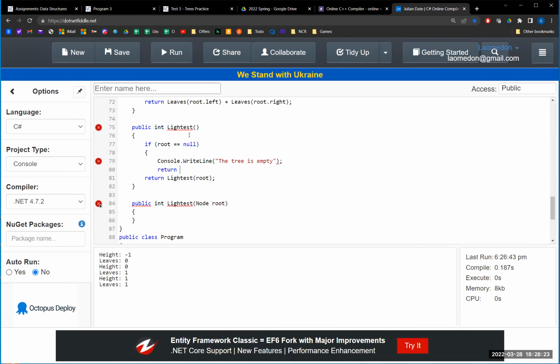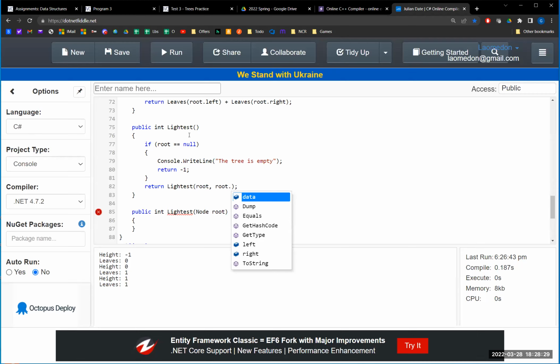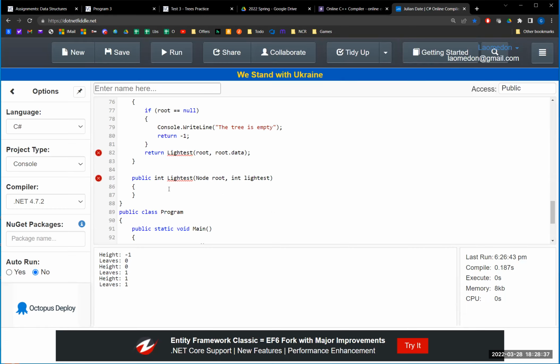And return -1. Otherwise, the lightest. We'll start the ball off with the current lightest, which is the root. So the root's the lightest person until we find out differently.